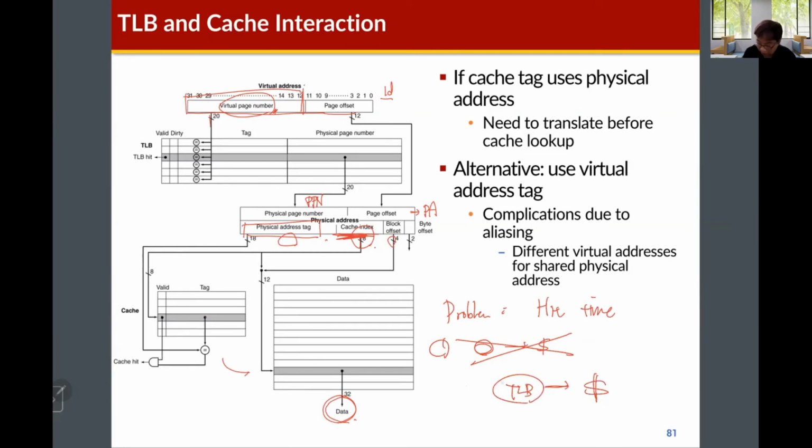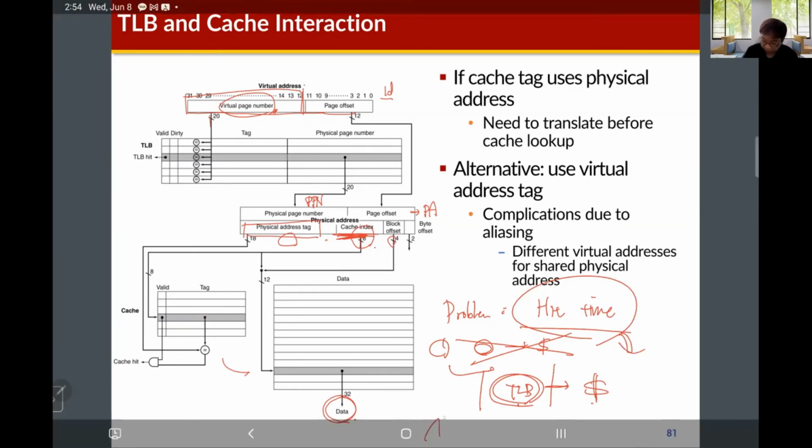The cache access latency is the access latency of the TLB plus the access latency of the cache, so the hit time will be increased. Hit time is also critical for the performance of the cache.